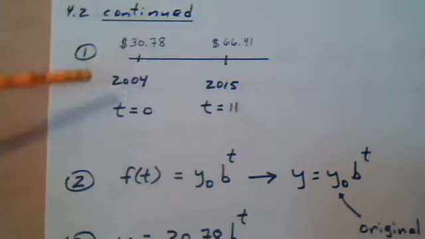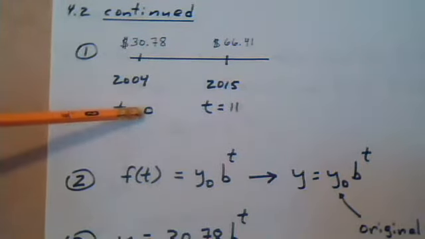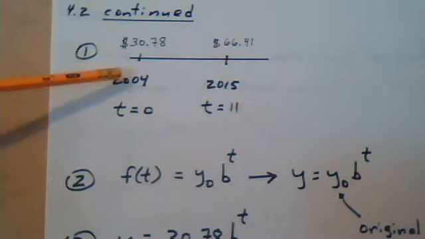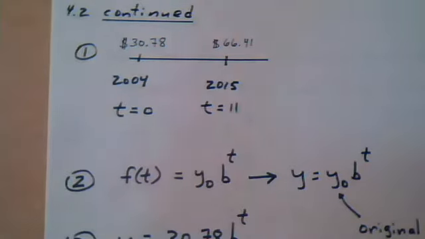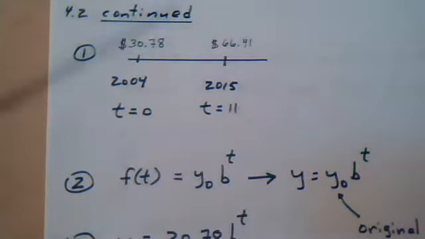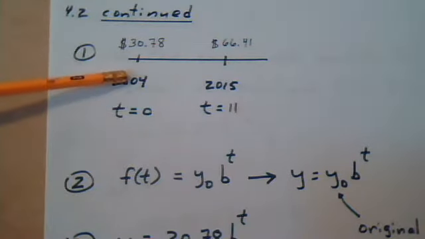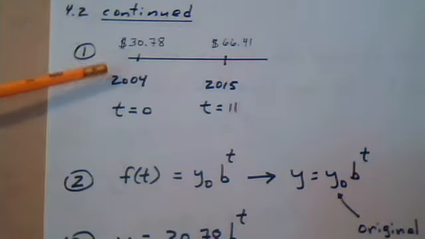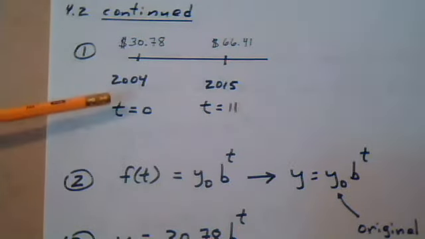And then notice that t equals 0 is assigned to 2004, since that's where this information started coming in. This is where the research started. Time equals 0, that means the starting, the original. So originally this was in 2004, so the time was time equals 0.